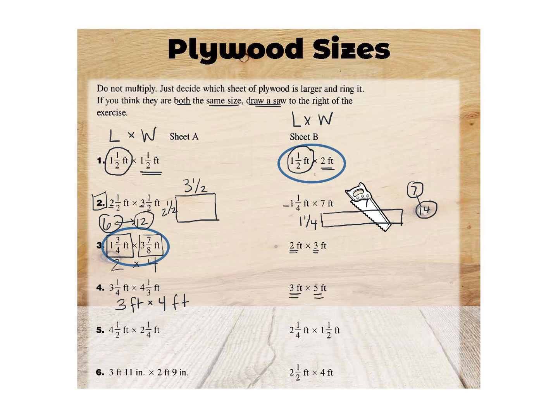So the best estimate for the larger piece of wood would be B. For question number 5, we have 4.5 feet and 2 1/4 feet. So really we can round this to 4 times 2. And here we have 2 times 1. So clearly A would be larger.